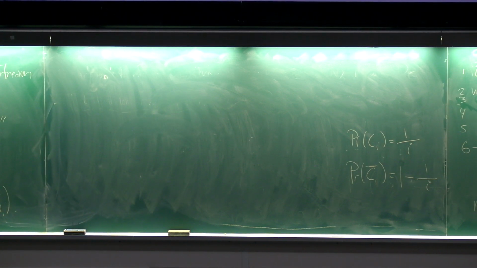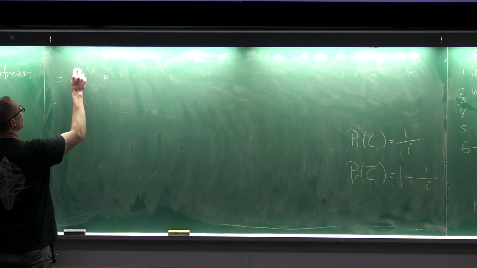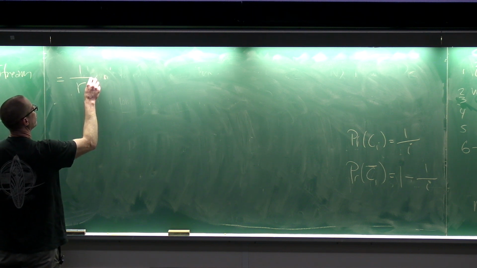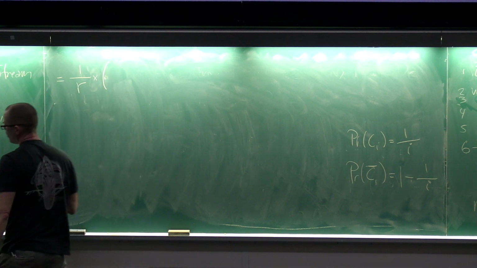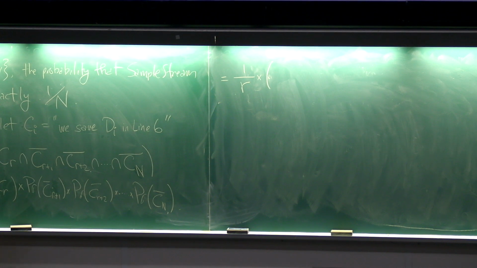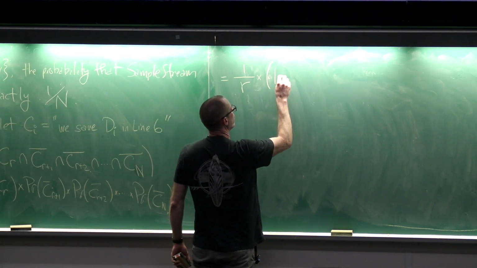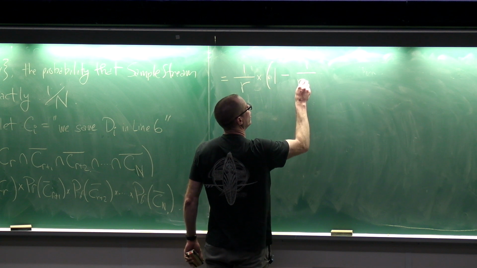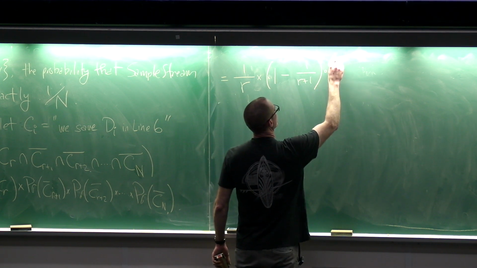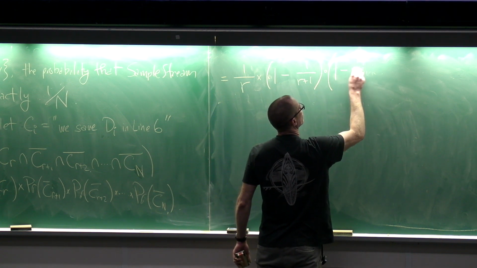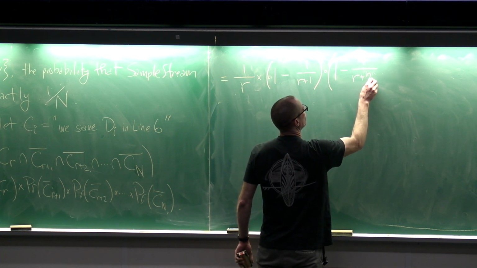Now we have everything we need. Let's do it. So the probability of CR is 1 over R. Probability of not CR plus 1 is 1 minus 1 over R plus 1. Probability of not CR plus 2 is 1 minus 1 over R plus 2.